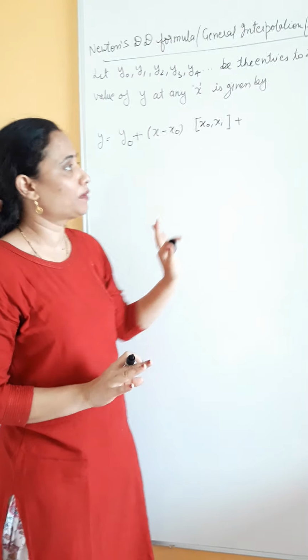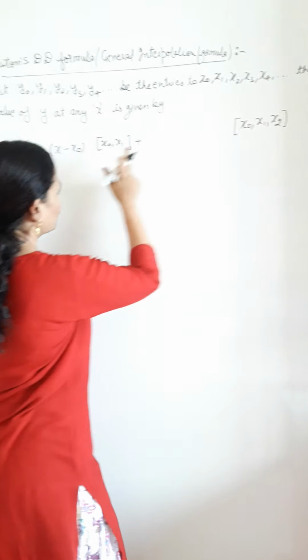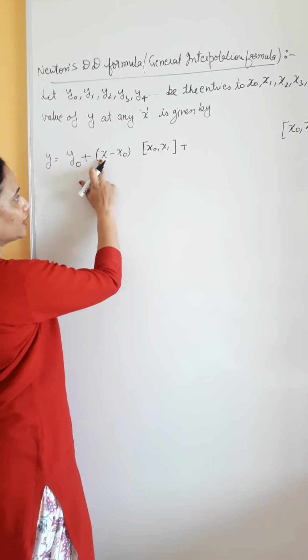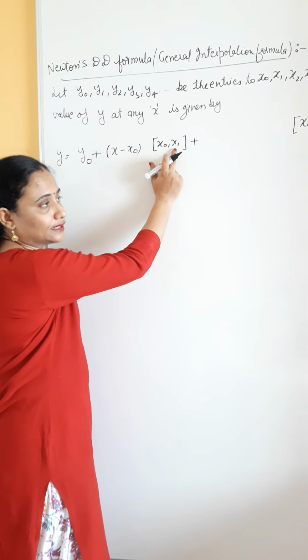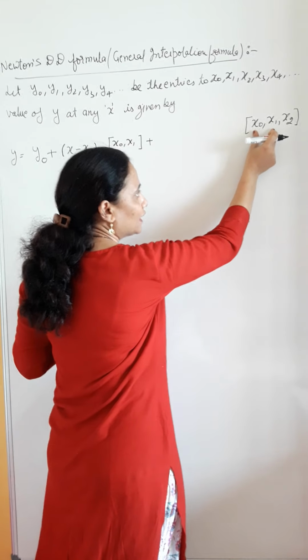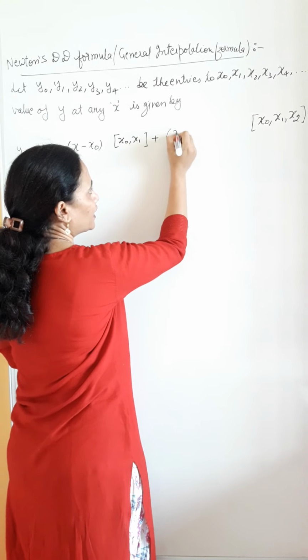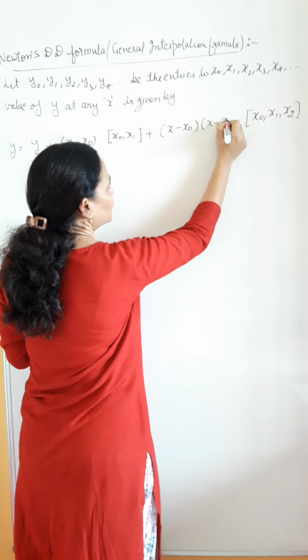That's how you can remember it. So x0, x1, now x0, x1, x2. What had we done here? We had taken x minus x0. That means the last value we had not considered. So again we will not consider the last value here. We will consider only the first two. So how to write? x minus x0, x minus x1.